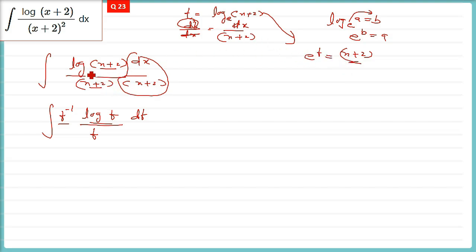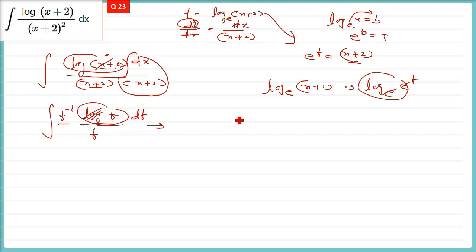So log base e (x+2), written as e raised to t, e gets cancelled, and only t will remain. So in place of log(x+2), t will come, and the denominator x+2 will come as e raised to t.